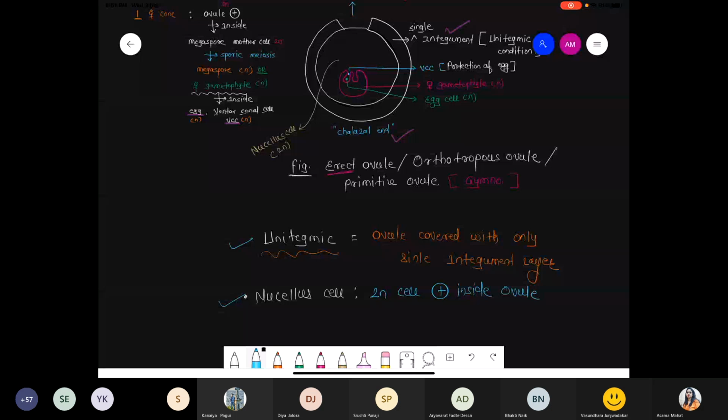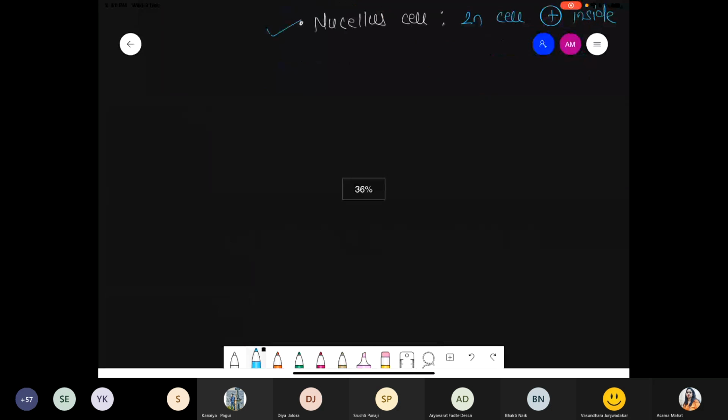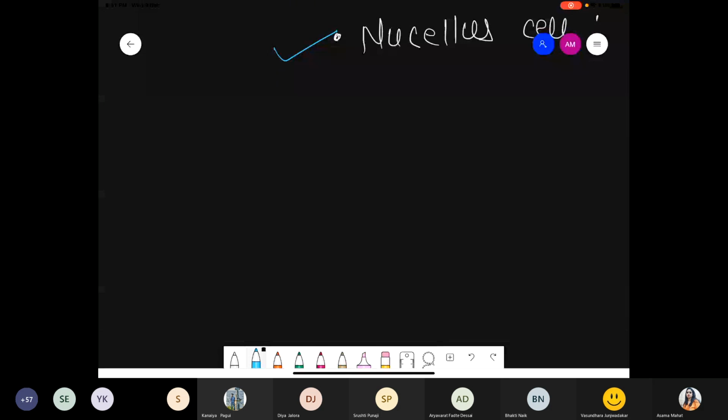Okay, chalo. Now we are talking about the next information, the male cone. So this was all the information about the female. Next point, we are talking about the male cone. Number two, write down: male cone.